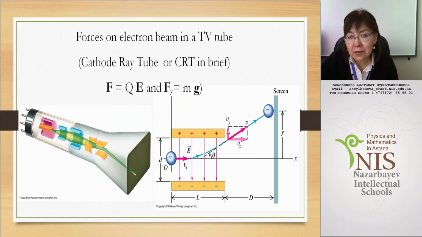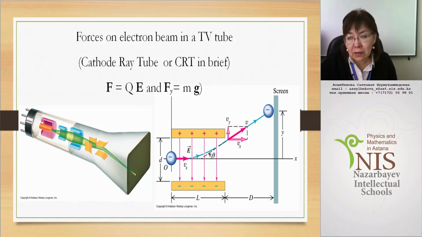But for us, it's very important to know how we can really see the deflection of the beam, or even the motion of the charged particles in the electric field. The so-called cathode ray tube, or CRT in brief, shows you the real motion of the particles when we see some image on the screen.